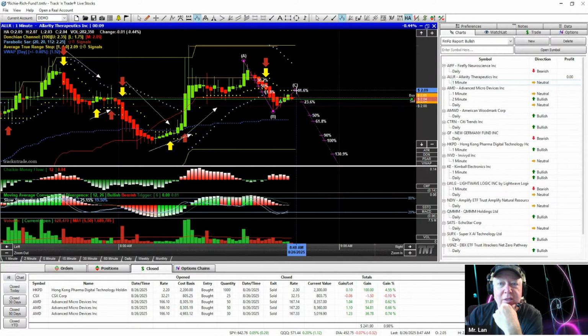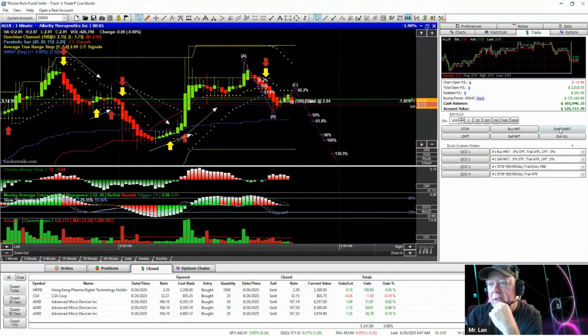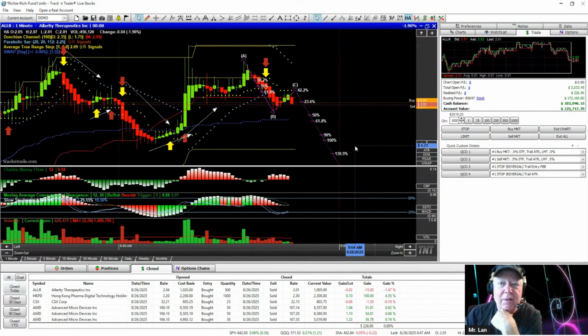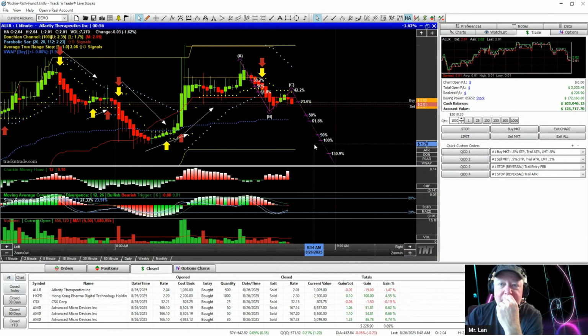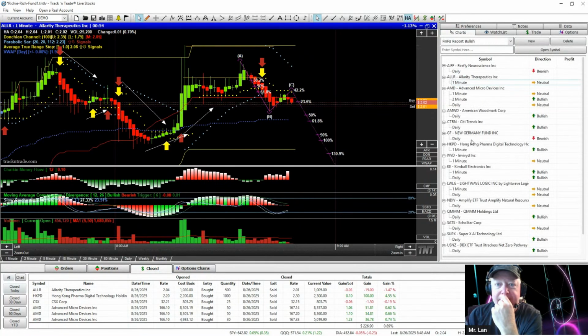I think this is going to come and make another flush. That's the wrong pattern. Yep. Exit chart. That's not good. Just lost $15.